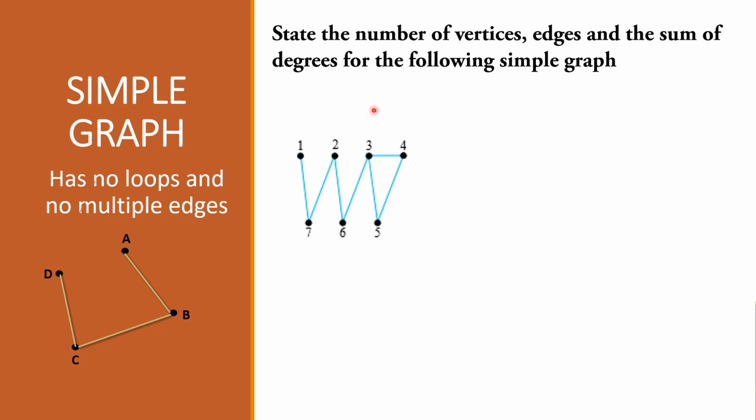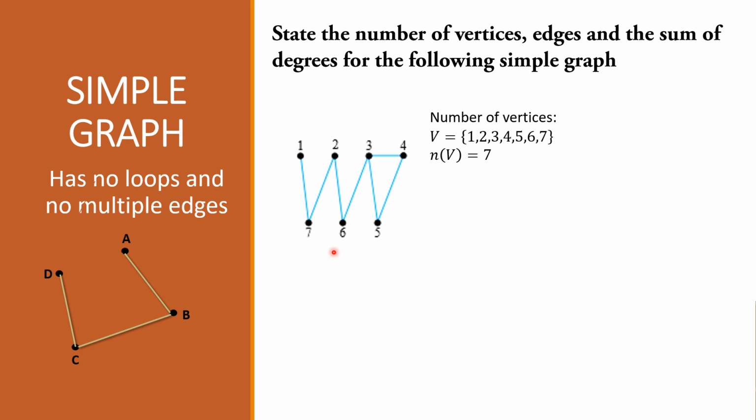As you can see in this diagram, we have 1, 2, 3, 4, 5, 6, 7 vertices. Ada 7 bucu di sini. All the dots are the vertices. Therefore V is equal to {1, 2, 3, 4, 5, 6, 7}. The question asks to find the number of vertices, so we have n(V) is equal to 7.